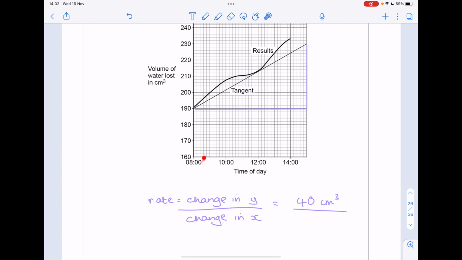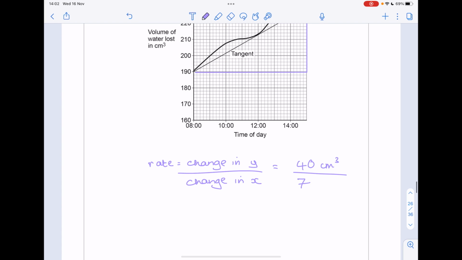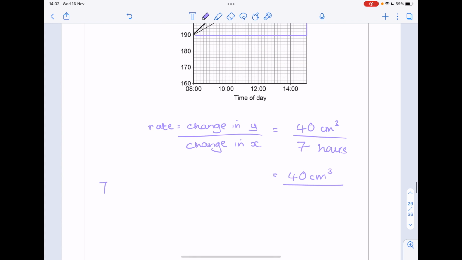So we're going from 8 o'clock to 3 o'clock. Make sure you count that really carefully. 9, 10, 11, 12, 1, 2, 3. That is 7 hours. Keep your units in check because remember they want the answer in terms of minutes. So we need to convert 7 hours into minutes by multiplying by 60 to get 420 minutes.